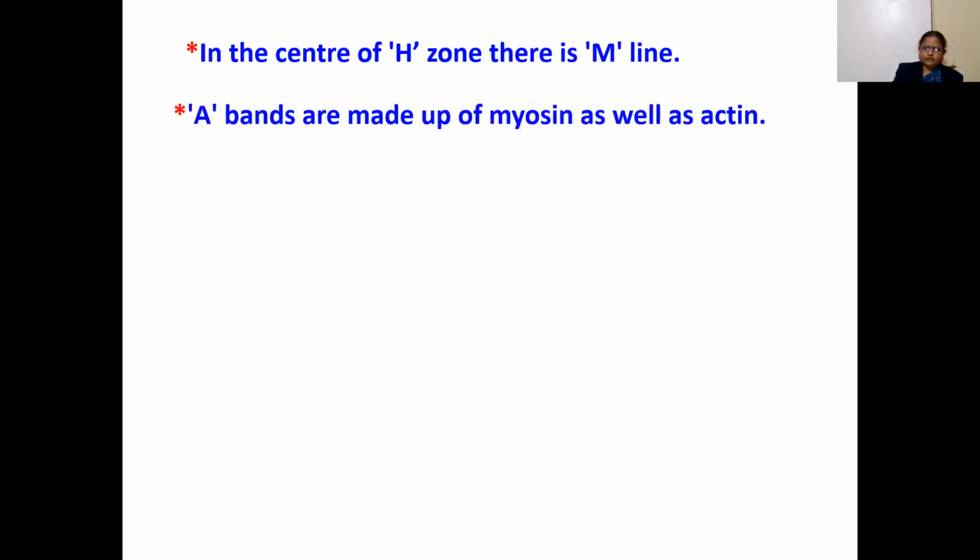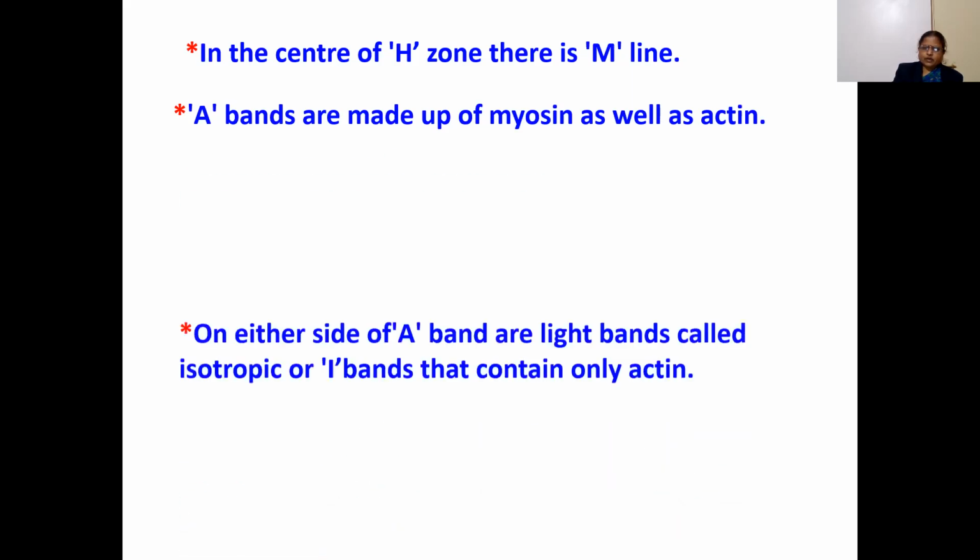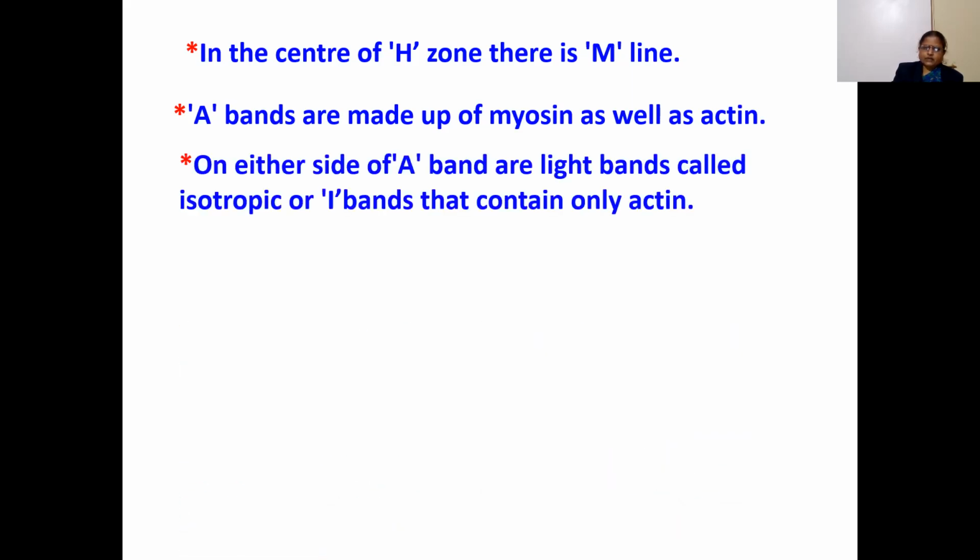A bands are made up of myosin as well as actin. On either side of A band are light bands known as isotropic or I bands that contain only actin.